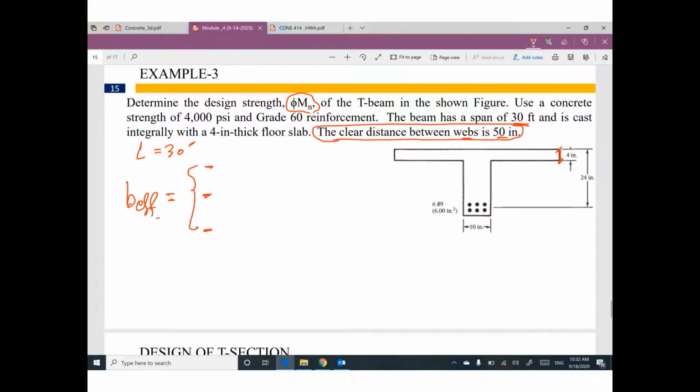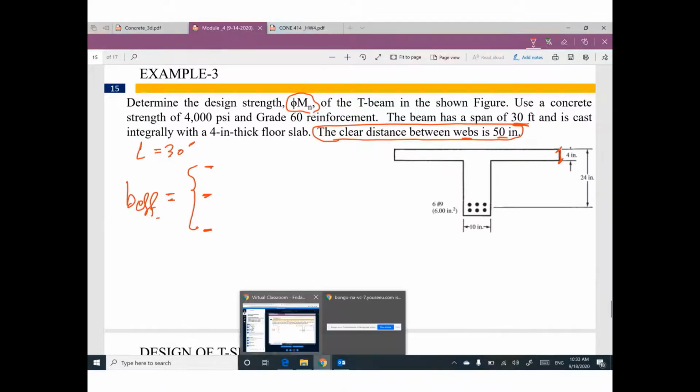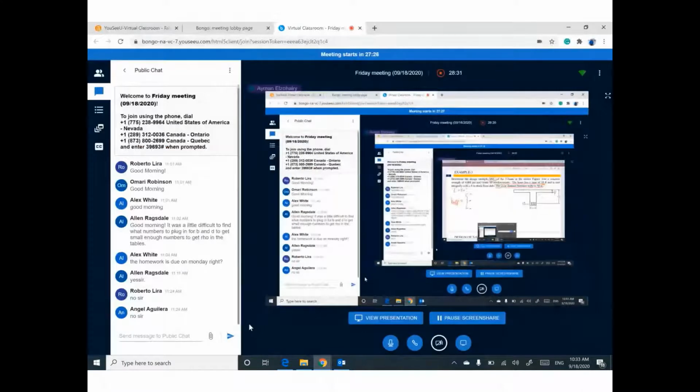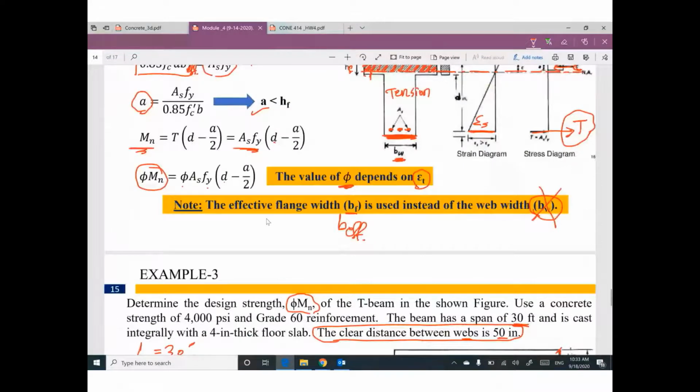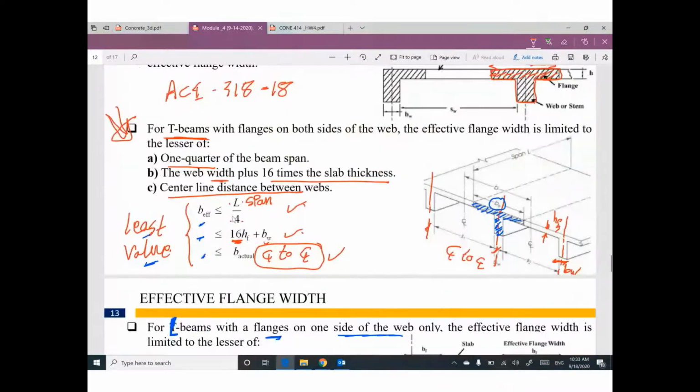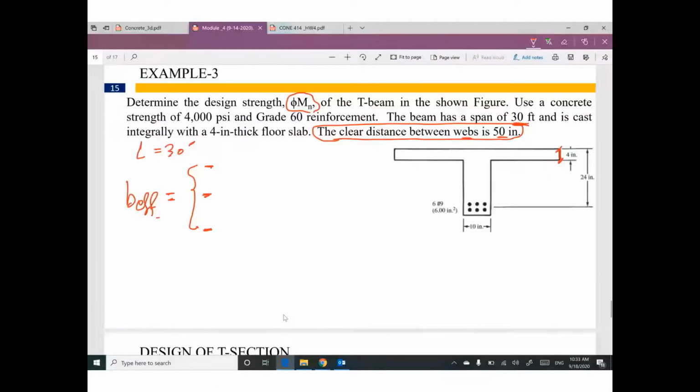Any answer? What is the value of B effective, this width of flange?